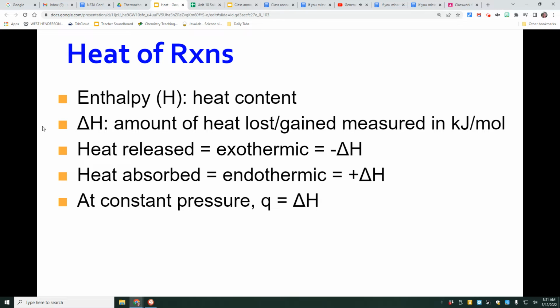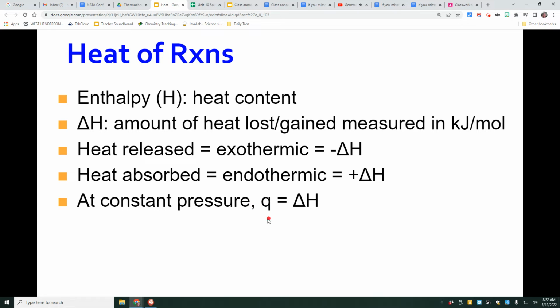Now here's where Q and delta H come together. Q equals delta H at constant pressure. Now, that is a pretty common occurrence because we, again, live our lives at pretty constant pressure. And so we will use Q and delta H at the same time. It's just usually different units.